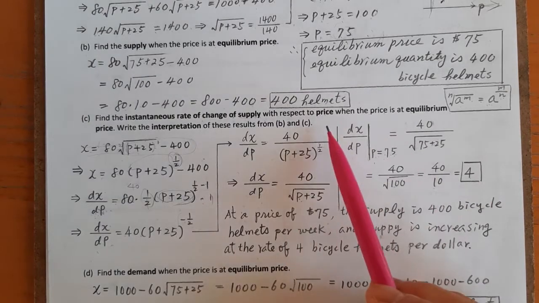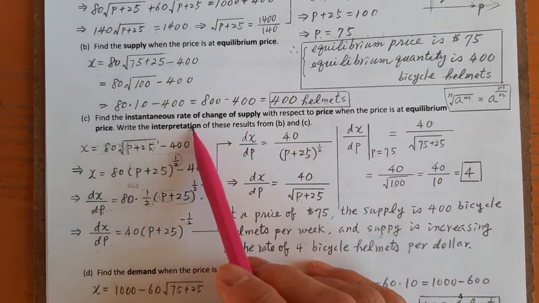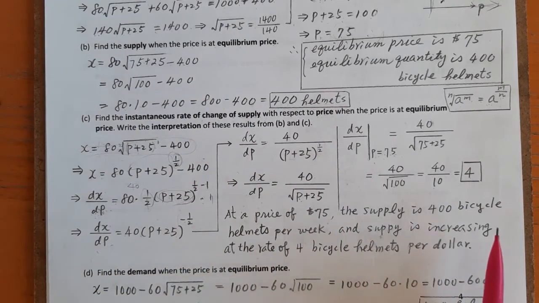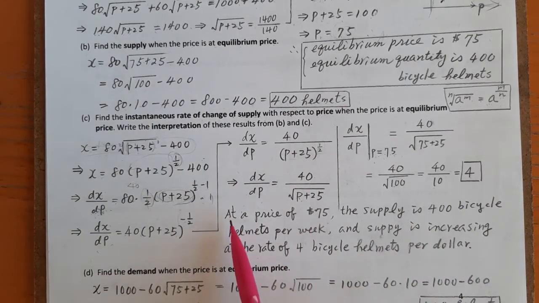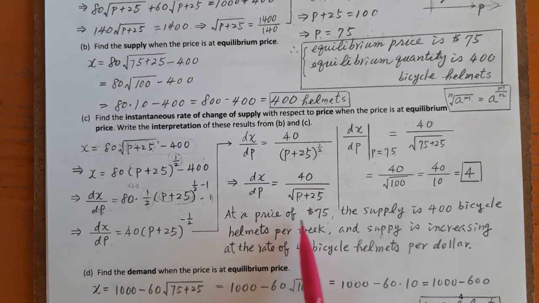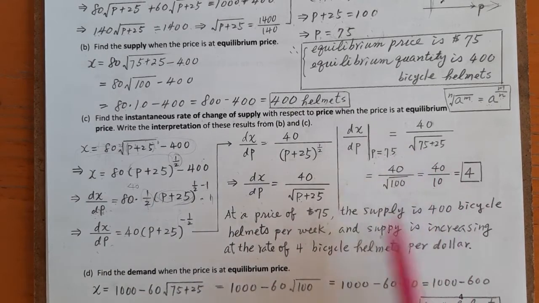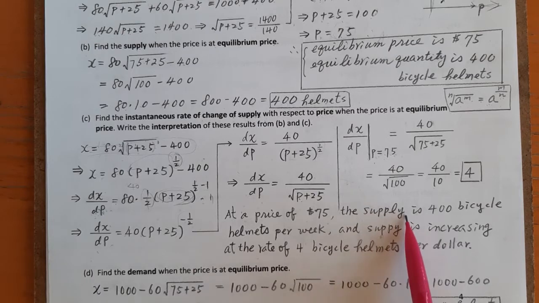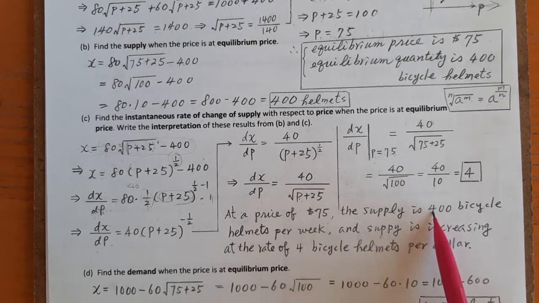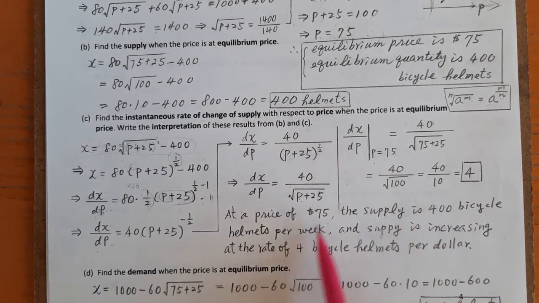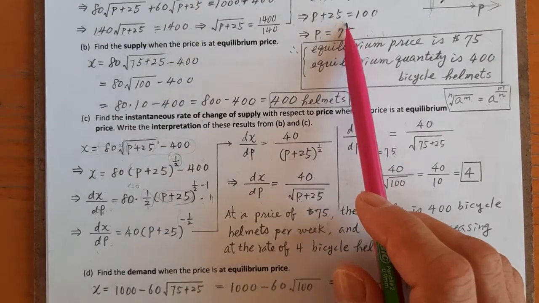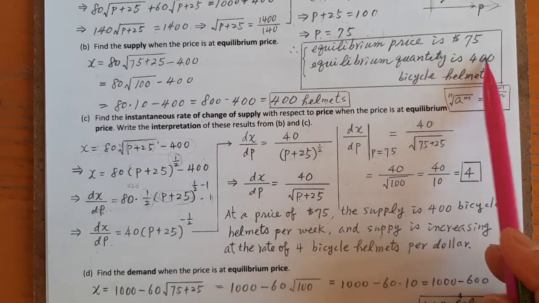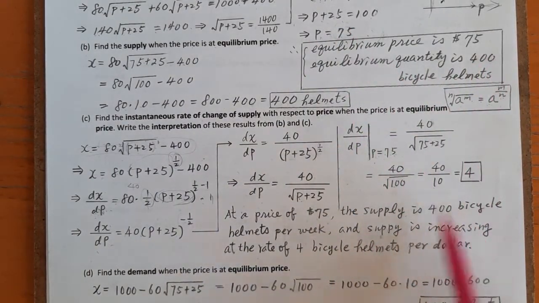And write the interpretation. So you will say, at a price of $75, the supply is 400 bicycle helmets per week.